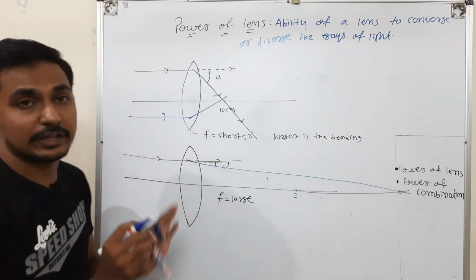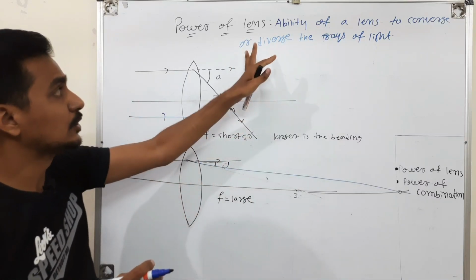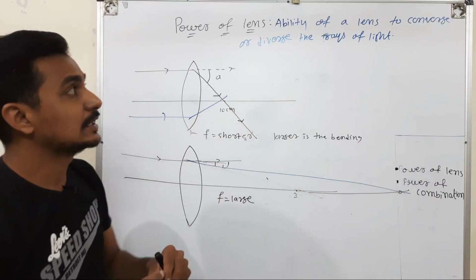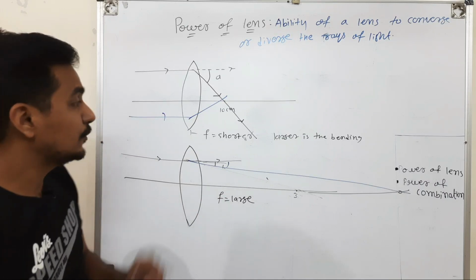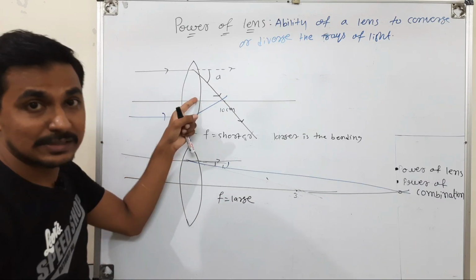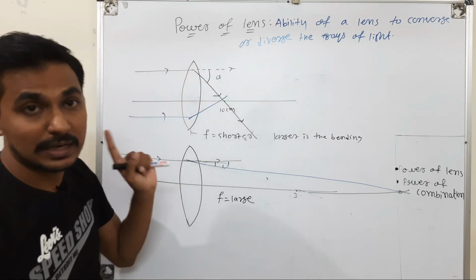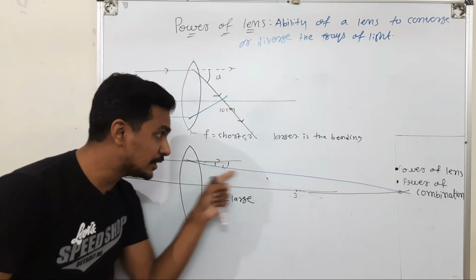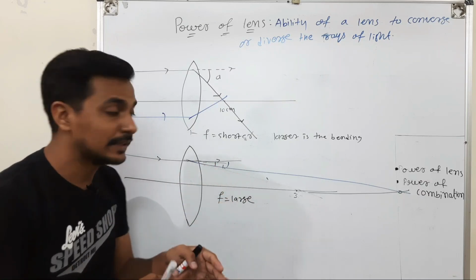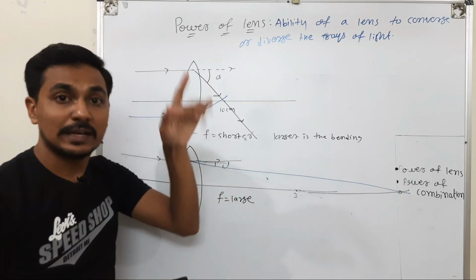Very simple definition. If its ability is large, then the power is large. If its ability to converge, its ability to bend, is less, then its power is lesser.